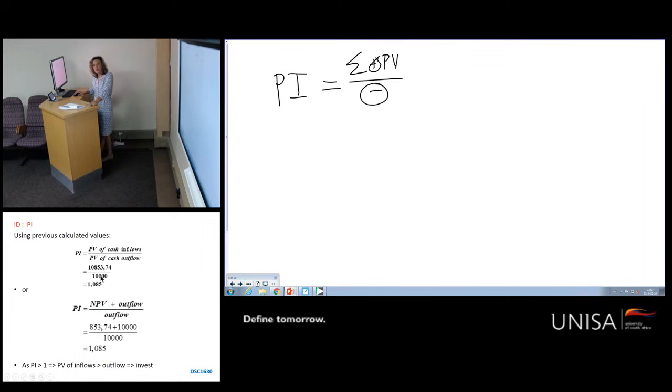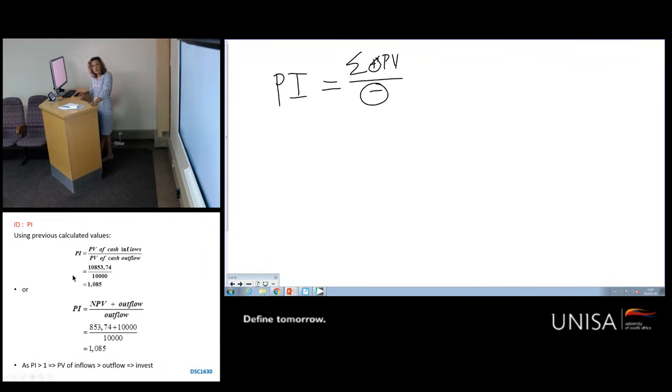You could have used that, or remember in our previous question, we worked out the NPV to be 853.74 plus the outflow of 10,000 divided by 10,000, and it gives you the same answer. So both formulas, you can use whichever one you want, depending, as I said, on what is given to you.